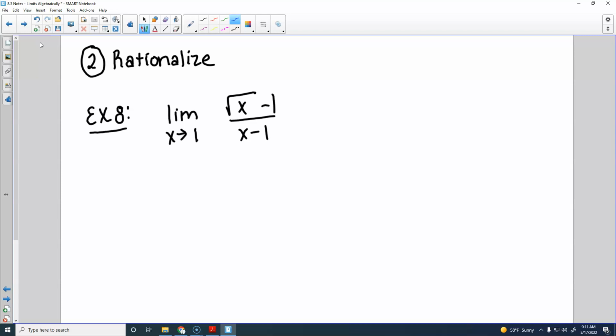We usually had something like 3 over 7 plus the square root of 3. And usually that root was in the bottom, and I had you rationalize it so you didn't have that square root in the bottom. How did we do that? How did we get rid of the square root in the bottom for that?